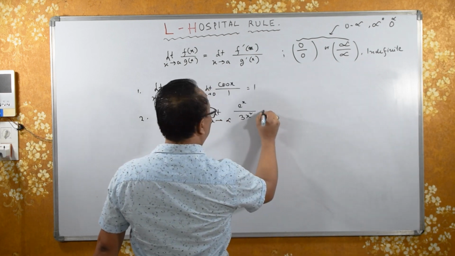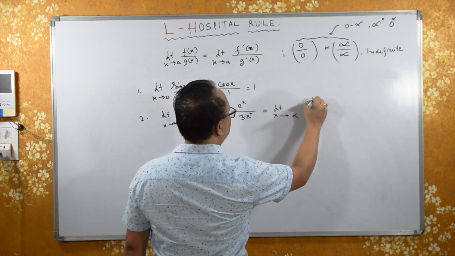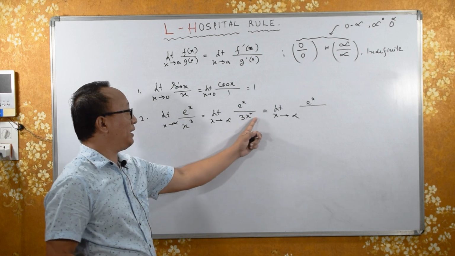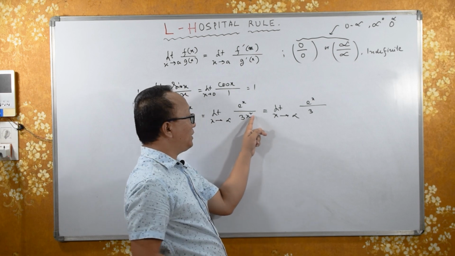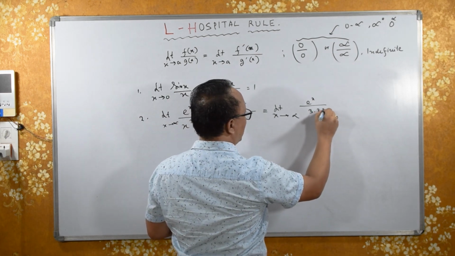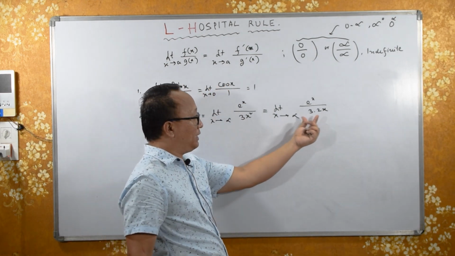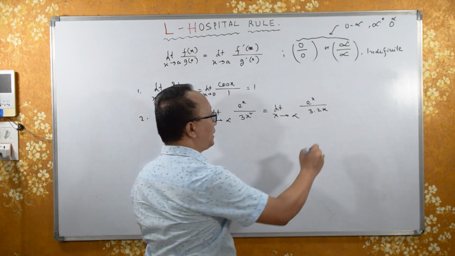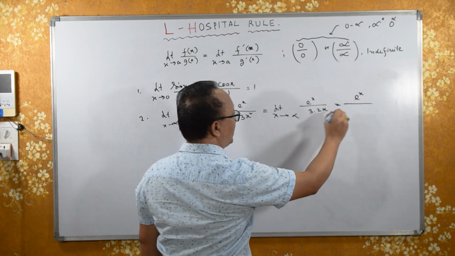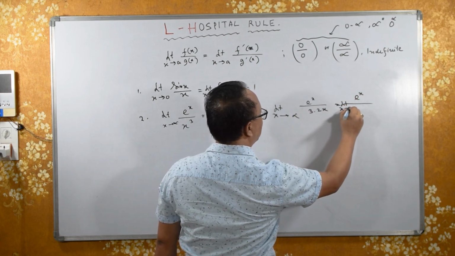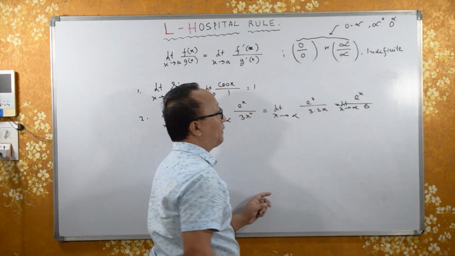Again, the limit of x tends to infinity, e raised to x upon the differentiation of 3x squared, which is 3 into twice x. 3 into 2 is 6x. Again, when x tends to infinity, x is still there, so I can differentiate once again. e raised to x will be as it is, and the denominator will be only 6.